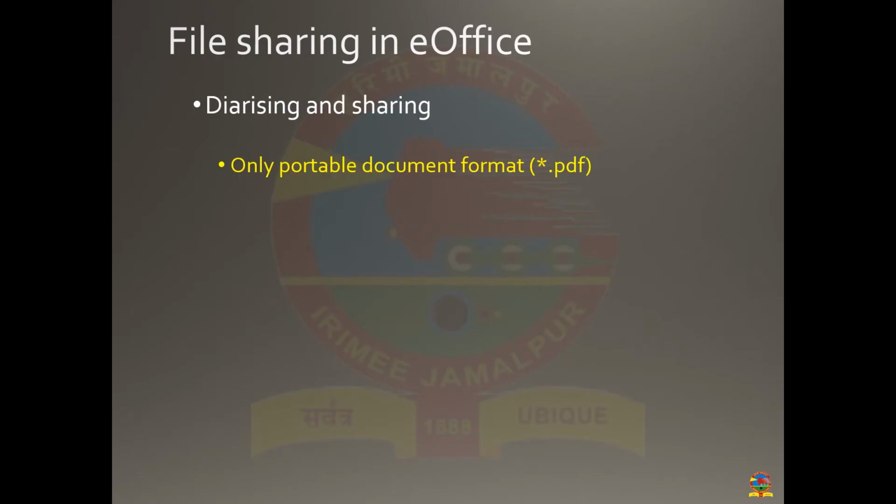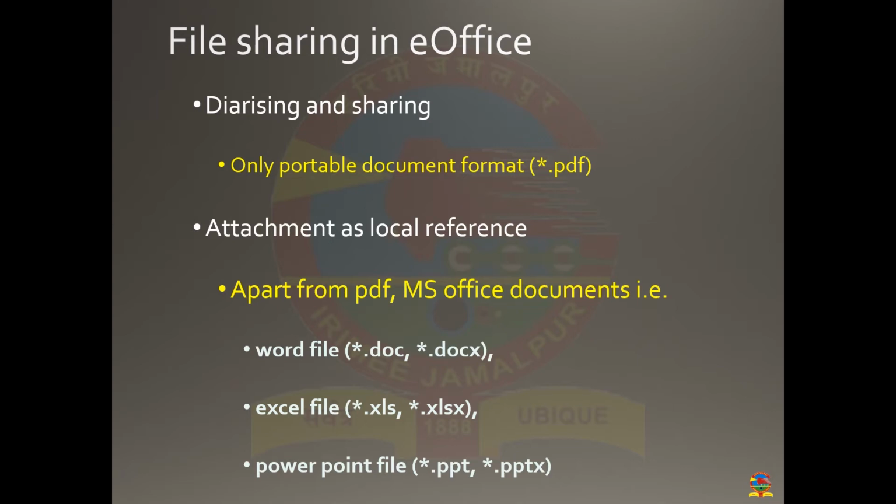Now let us discuss the attachment of files to e-files through local reference. As local reference, other than PDF files, certain types of Microsoft Office file formats can be attached. These are MS Word files having the file extension .doc prior to Office 2007 or .docx from MS Office 2007 onwards.